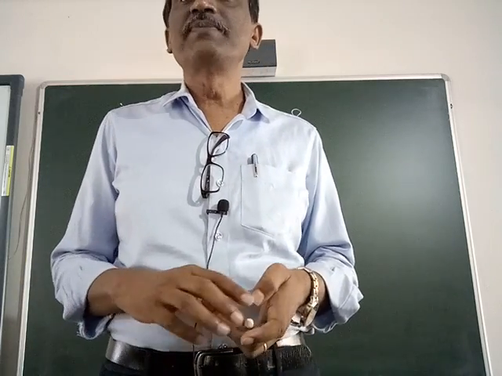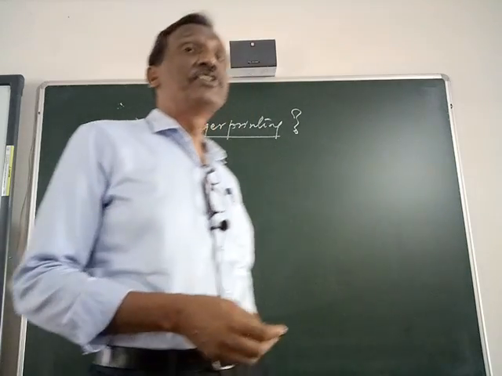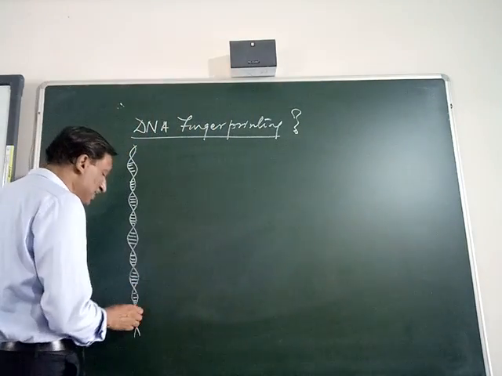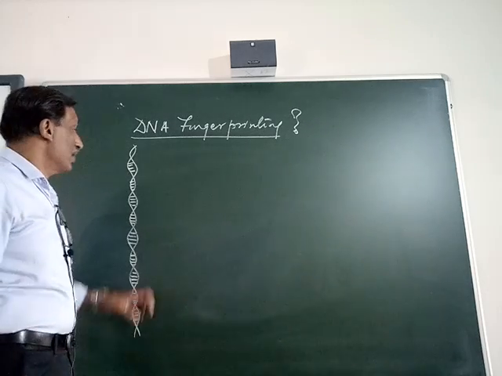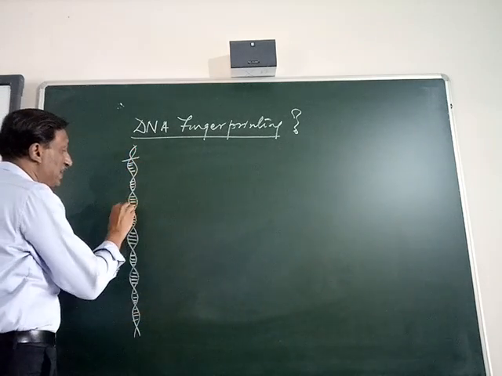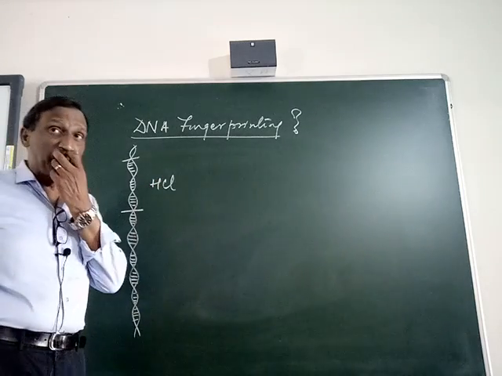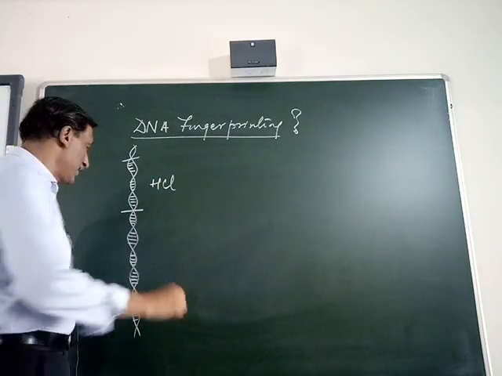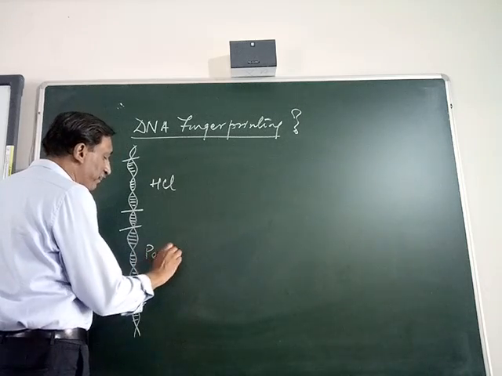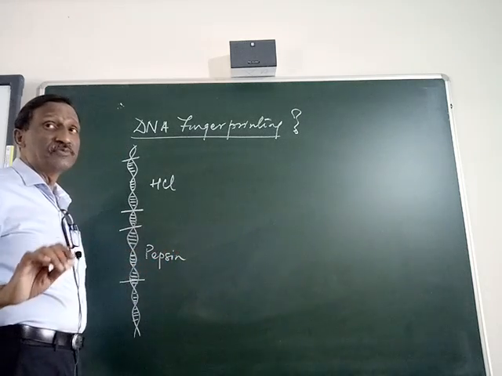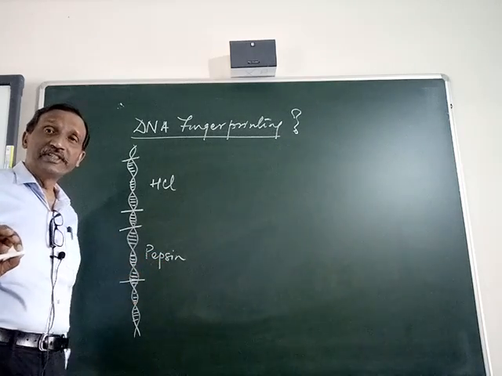So 0.1% of people may show variation, very, very rare variations. It is only an example I am saying. So there will be no variation in this.